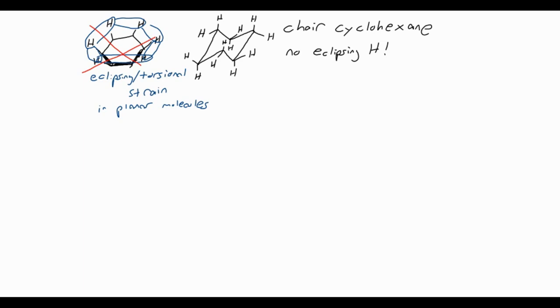And also the bond angles with this chair conformation end up being very close to the ideal tetrahedral bond angles. So not exactly ideal, but good enough that this conformation is very, very stable, more so than smaller rings.